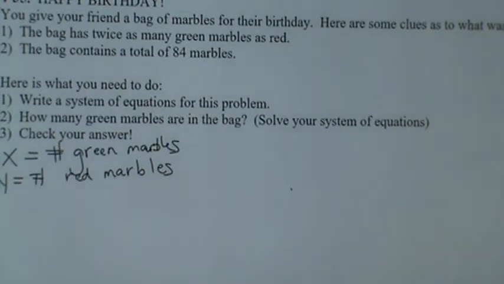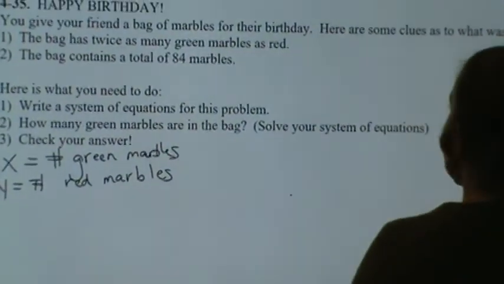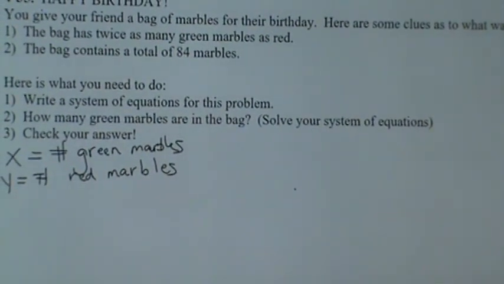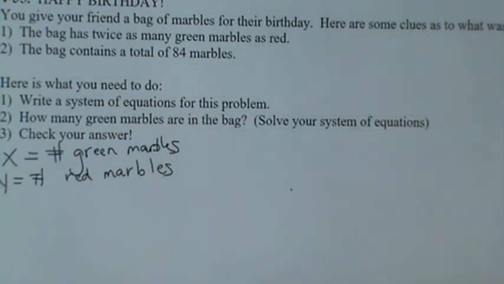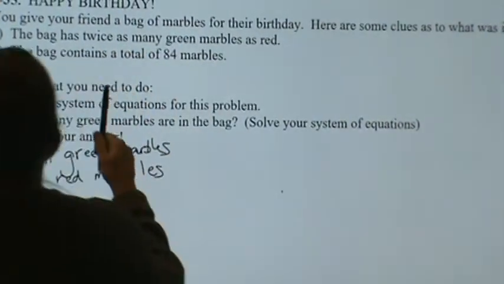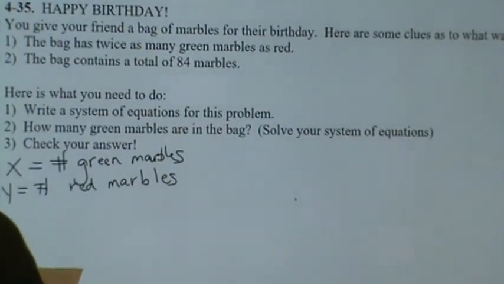How am I going to write an equation for the first clue? The bag has twice as many green as red. What does it mean to be twice as many? If you have twice as many pennies, or twice as many candy bars, what do you do? Multiply by 2. So the bag has twice as many greens as red.